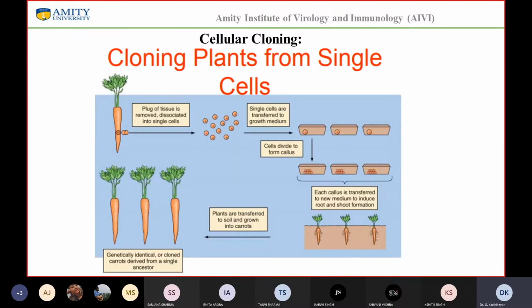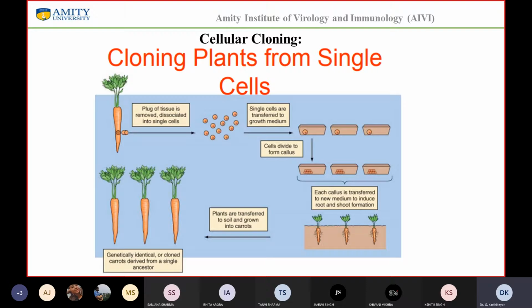All right. So, cloning plants from a single cell. Two of the most popular examples are carrots and tobacco plants, which can be very easily cultured in plant tissue culture medium.